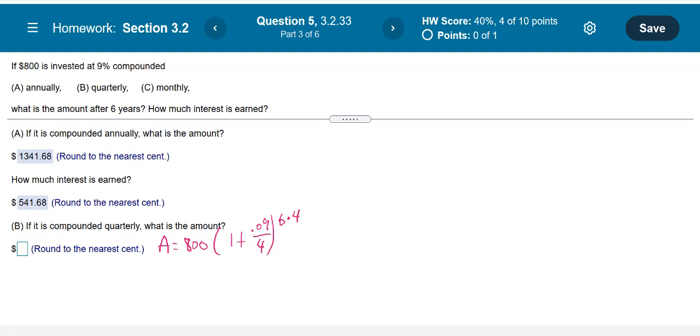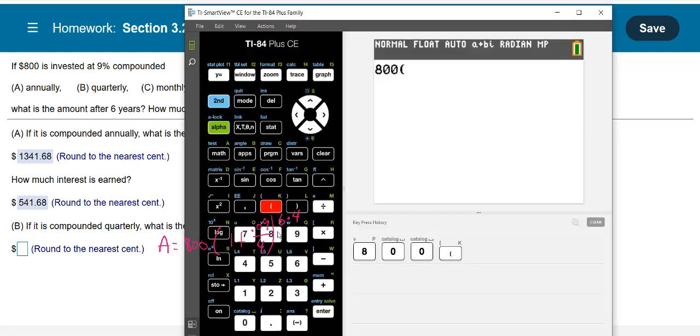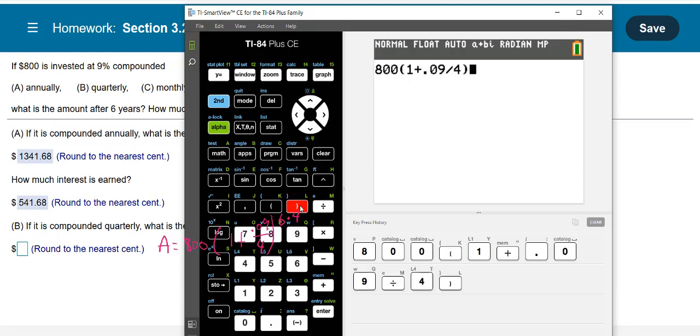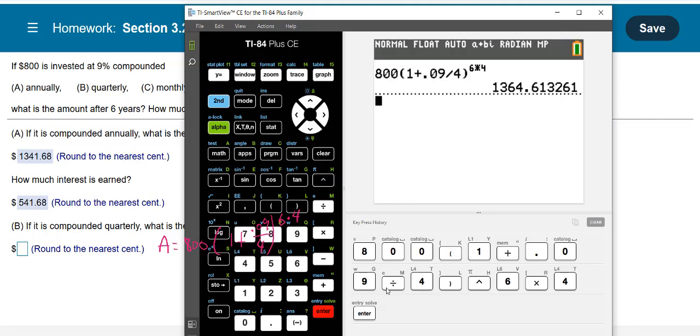Here's my calculator. As you can see, I'm typing exactly what I have written. To the nearest cent, that would be 1364.61.